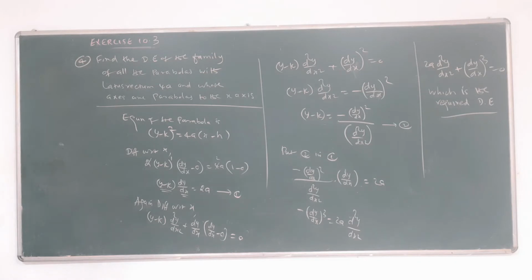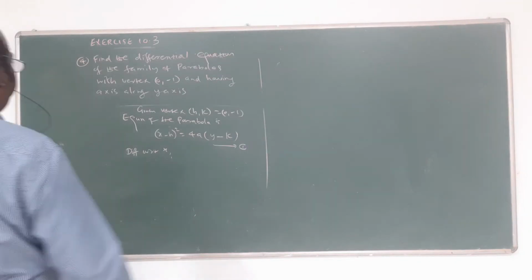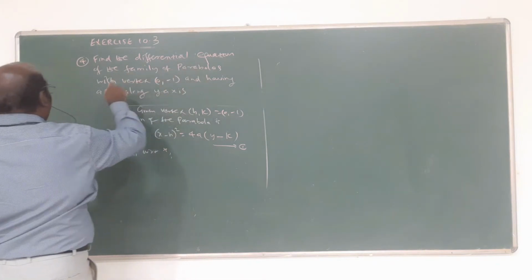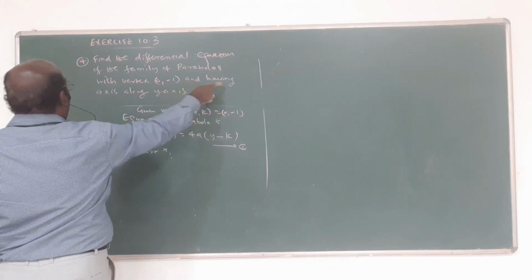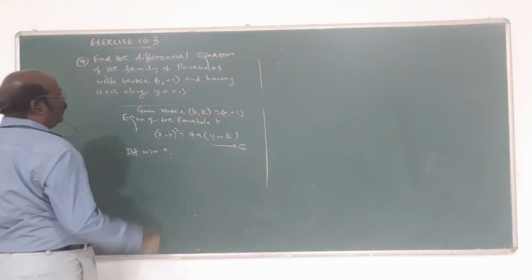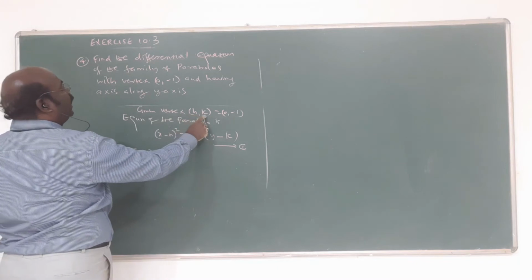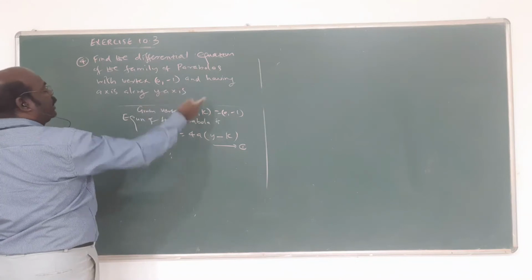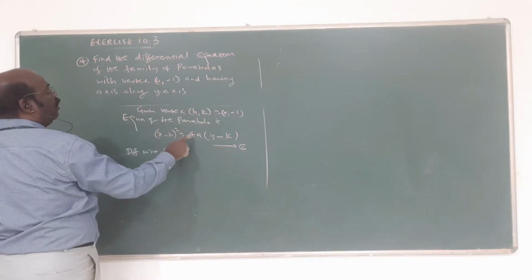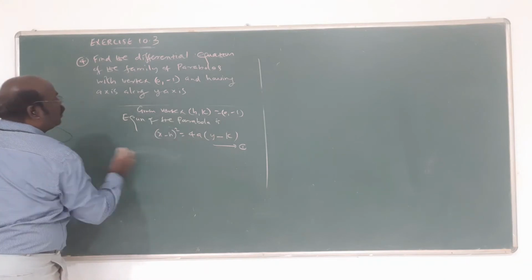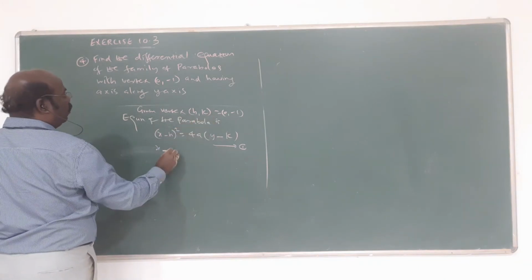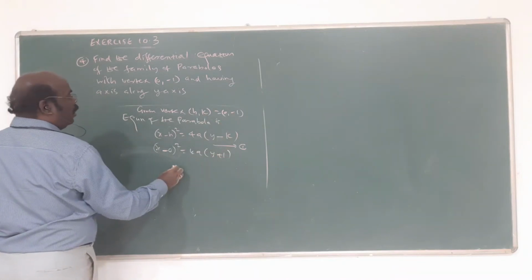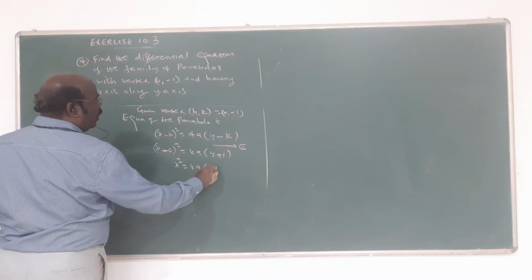That's all. Now the fourth question. Find the differential equation of the parabola. 4a into (y minus 1 plus 1), that is x square equal to 4a into (y plus 1).